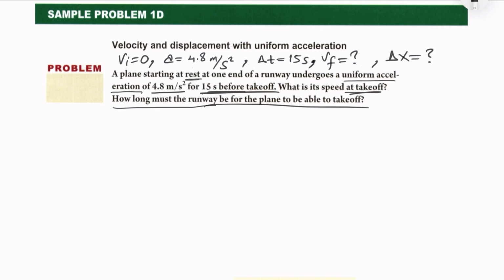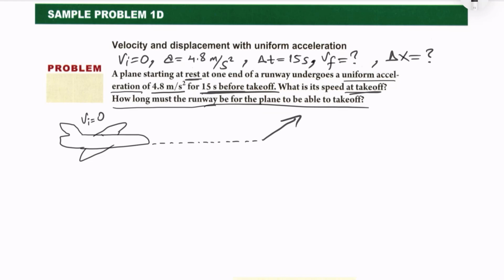Let's say this is the airplane, like this. We have the plane here. That plane's initial velocity is 0. As you know, this plane speeds up on the land, and then it takes off.